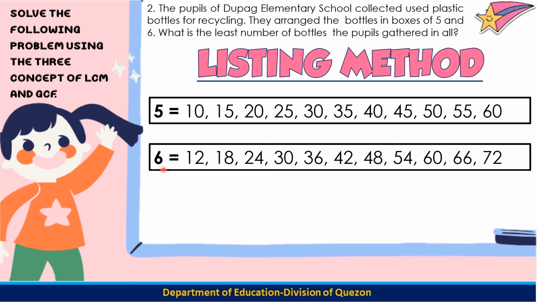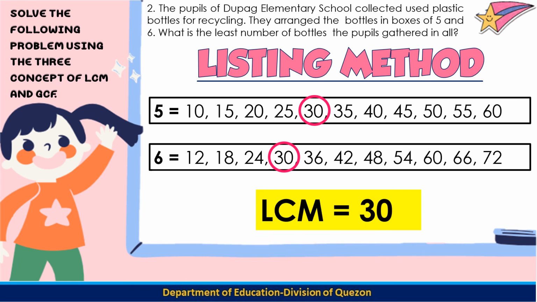Then 6, ganun din po, skip counting lang natin or multiply by 2, 3, 4, 5, 6 and so on and so forth. So what is the number that is the same? Smallest number. Okay, we have 30, so that the LCM here is 30.